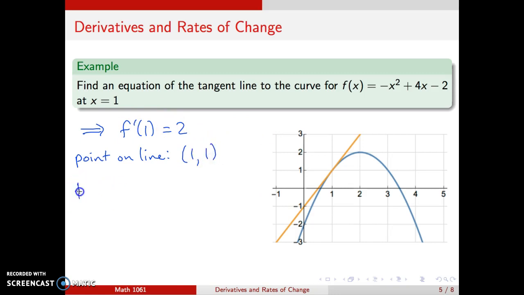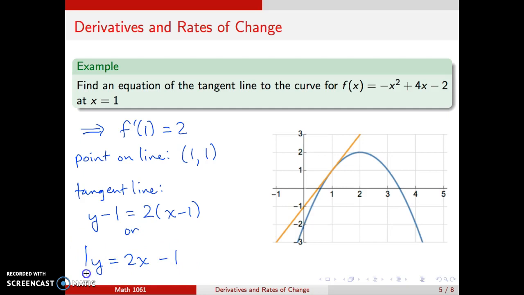And so the line y minus 1 equals 2 times x minus 1. That's our point slope form, or if you like, in slope intercept, it would be like this. And that's a description of that tangent line. Again, 2 is the slope of the tangent line at that point where x equals 1.